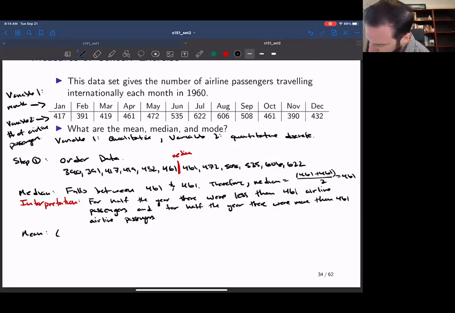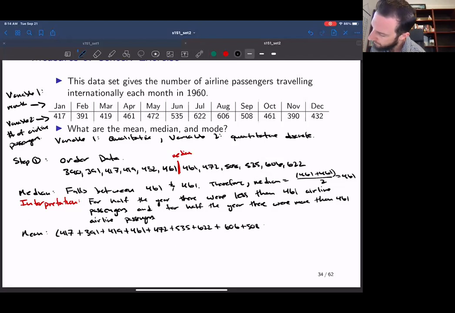So I'm just going to write here, so we'll have 417 plus 391 plus 419 plus 461 plus 472 plus 535 plus 622 plus 606 plus 508 plus 461 plus 390 plus 432 divided by 12. And that gives us 476.167.